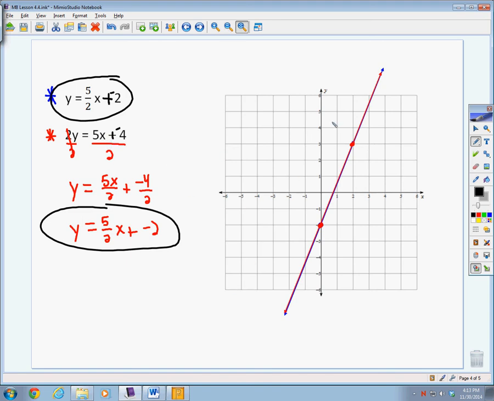So in that case, what we say our solution is infinitely many solutions. Because any pairing that works for this blue line is also going to work for the red line, or the red equation. So there's infinitely many solutions because these lines go on forever.